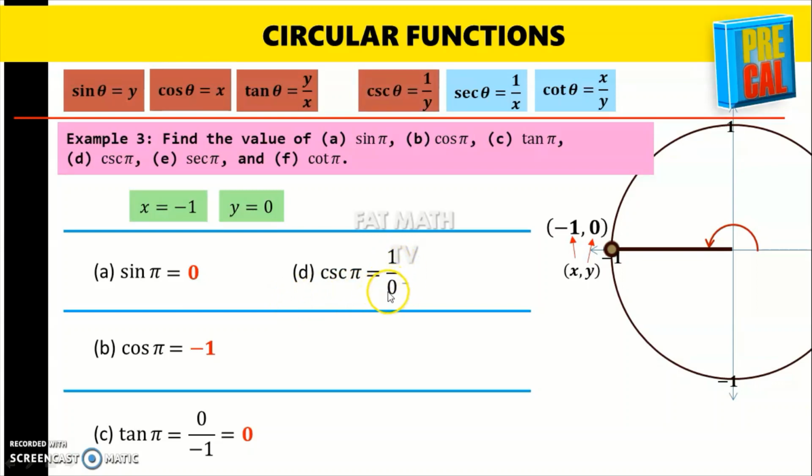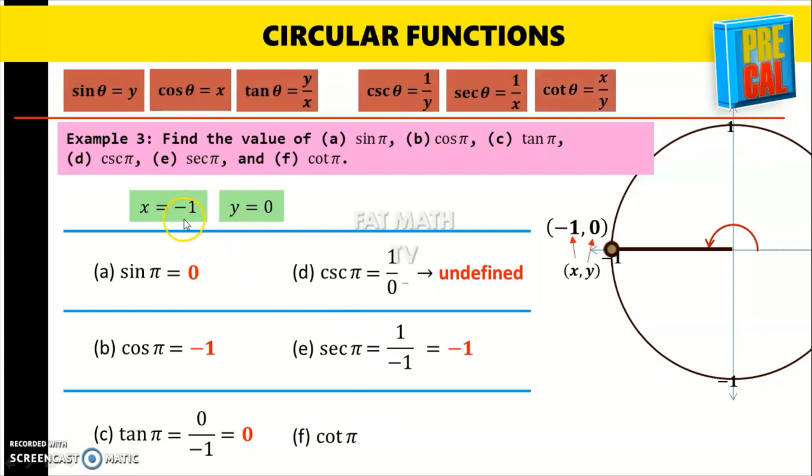And dividing by 0 is not allowed. So we don't have a value for that, for 1 over 0. We call that undefined, no meaning. Secant of pi, that's 1 over x, so 1 over negative 1, negative 1. And cotangent of pi, x over y, so x negative 1 over 0, also undefined.